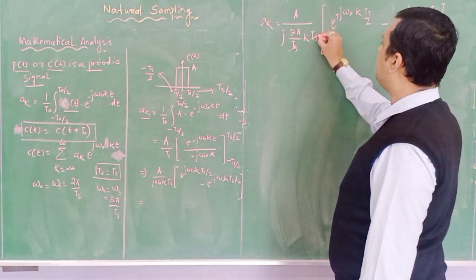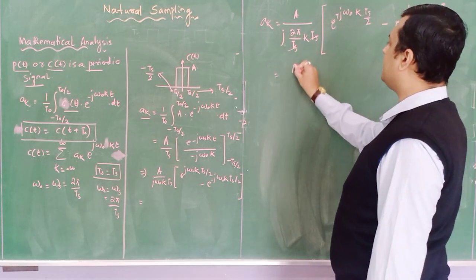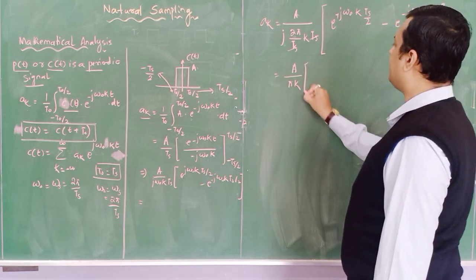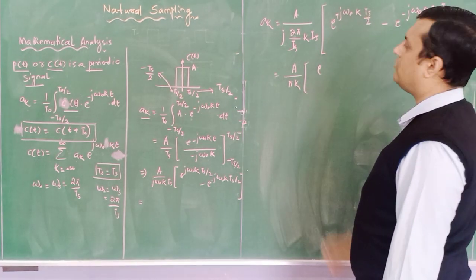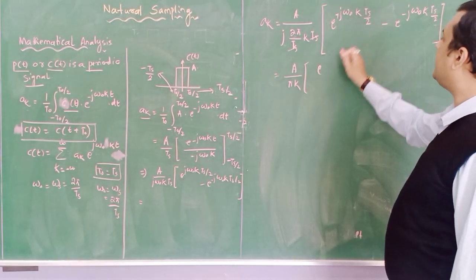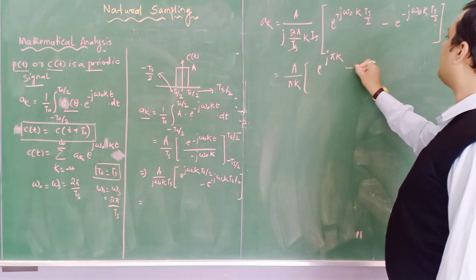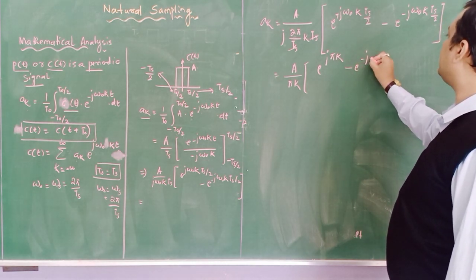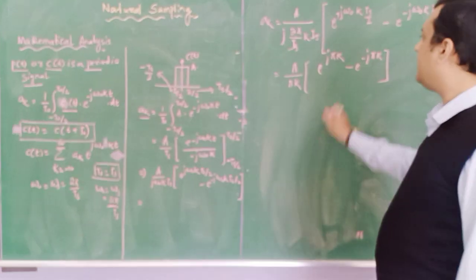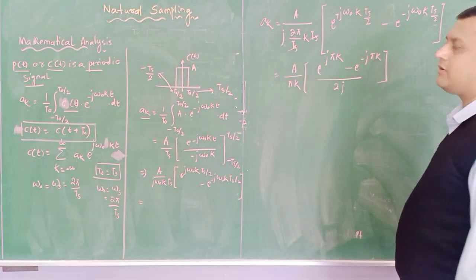So this ts gets cancelled out. You take this j inside. So it is A divided by pi k, with omega naught as 2 pi by ts, so here I will get e to the power j pi k minus e to the power minus j pi k, divided by 2j, because this 2j we have taken inside.